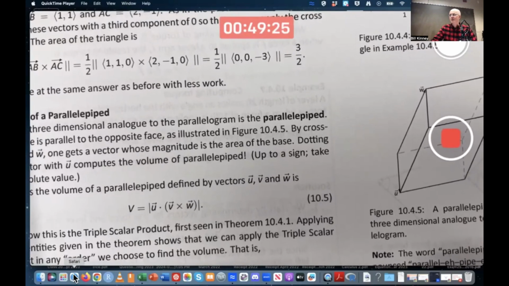Since cross products are related to areas and volumes, we will see near the end of the course that they're also related to double and triple integrals. Single integrals find areas under curves. Double integrals find volumes under surfaces, the surface above the XY plane. What's the volume under the surface?